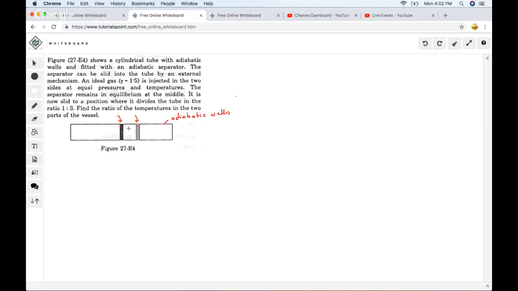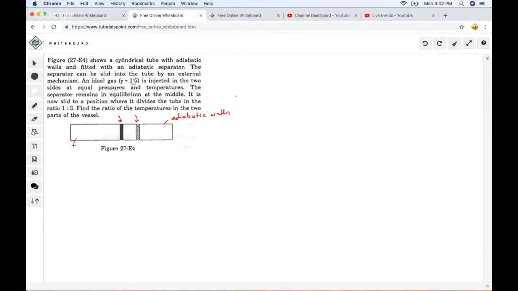Once I make the separator also adiabatic, then I can say that the gas on one side will not be able to exchange heat with the surroundings as well as with the other part of the cylinder. So whatever happens on one side is an adiabatic process only. An ideal gas whose gamma is 1.5 is injected on the two sides at equal pressures and temperatures.